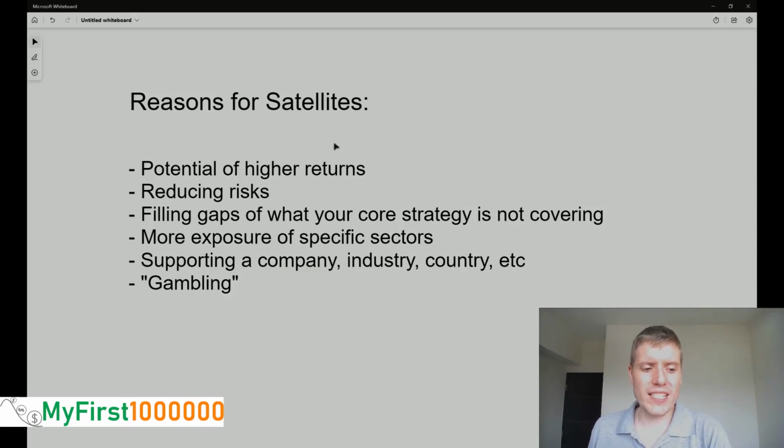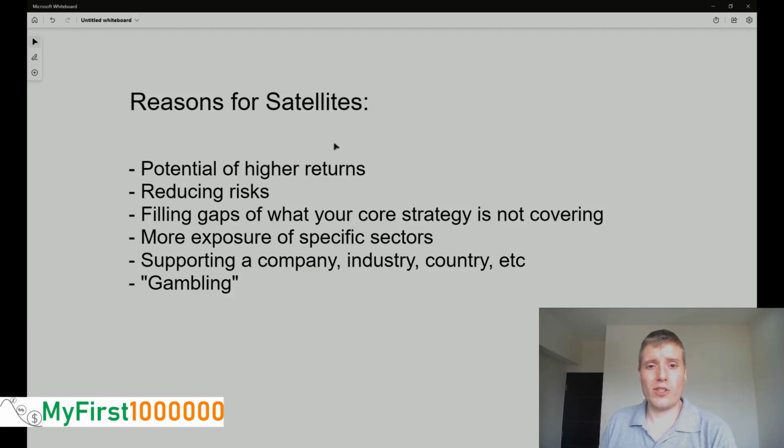Then an additional reason could be that you are filling the gaps of what your core strategy is not covering. I just mentioned before that one possibility is that your core is a global stock market ETF, but a stock market ETF is not covering other investment alternatives like bonds, real estate, or gold.